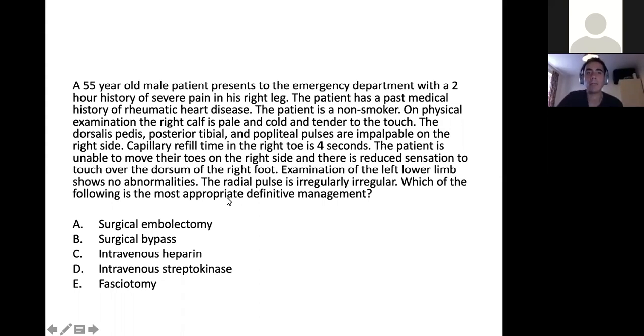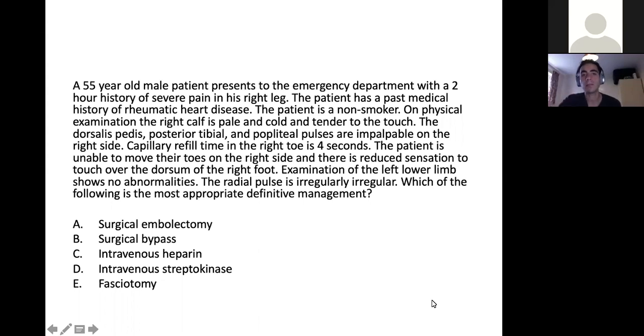Okay, so the majority have said answer A, with choices B and E being the other two popular choices. So, surgical anatomy. We have a 55-year-old male with a 2-hour history of severe pain in the right leg, and a history of rheumatic heart disease.